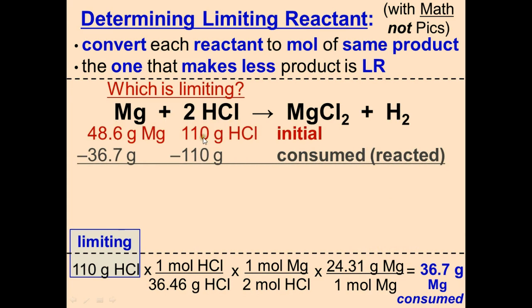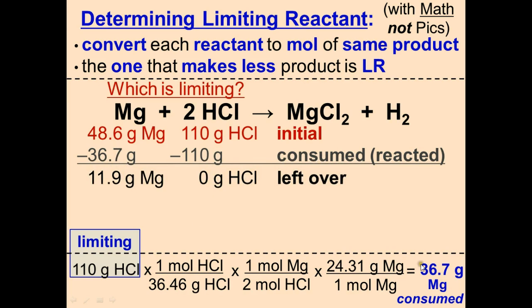And notice how when we subtract from HCl, we know that we use 110 because this is the limiting reactant. So remember, the limiting reactants are always used up, just like in the car scenario, that both the engines were used up, so we're left with no engines. This same thing. So we used up all the HCl, so we have no leftovers.